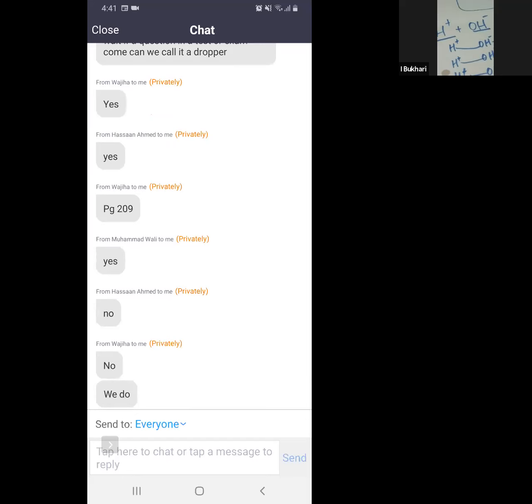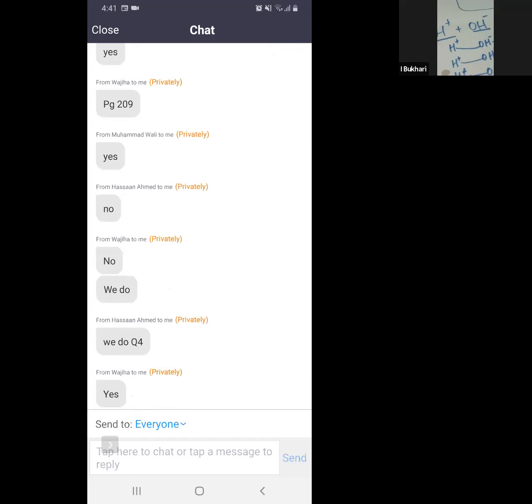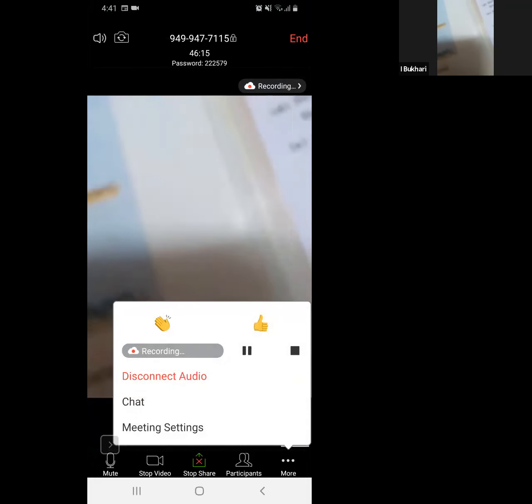So the answer to the question I just asked is no: copper cannot be used with sulfuric acid to make copper sulfate. Why can't we use copper?